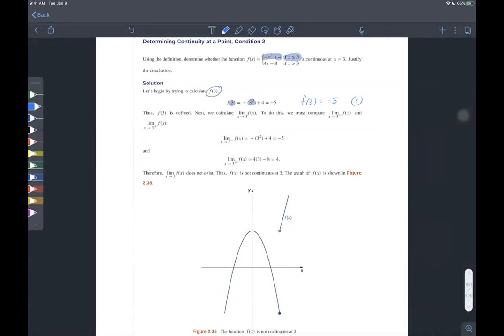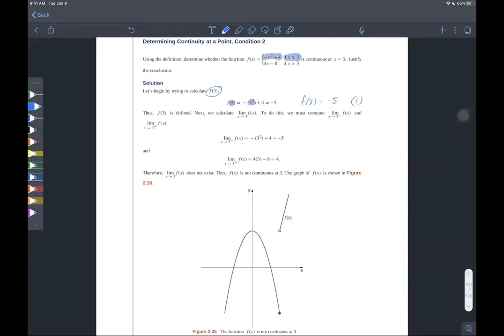Next, we should calculate the limit as x approaches 3 of f of x. To do this, we must compute the limit as x approaches 3 from the left-hand side of f of x, and the limit as x approaches 3 from the right-hand side of f of x.